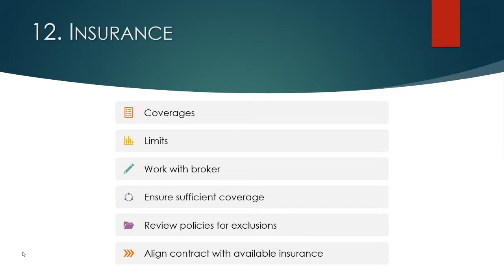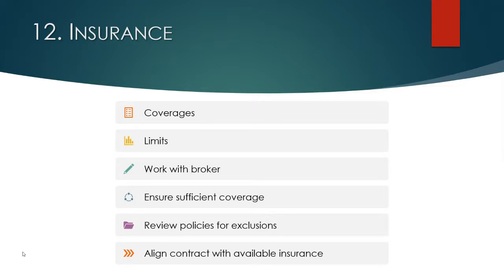If the requirements are more difficult or something you can't get coverage for in the market, you have to bring that to the attention of the general contractor, because the contract has to be adjusted to reflect what you actually can get. Otherwise, if you don't get the insurance required by the contract, you're going to be in breach of the contract from day one.